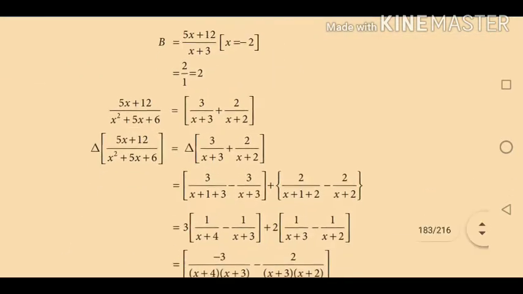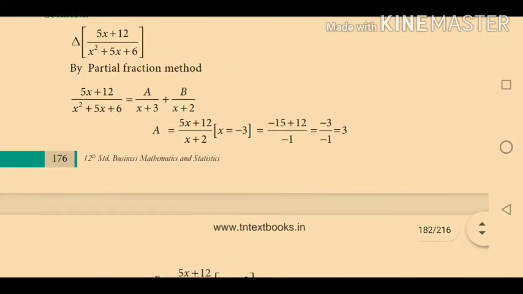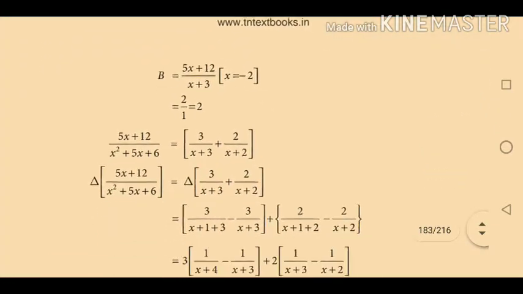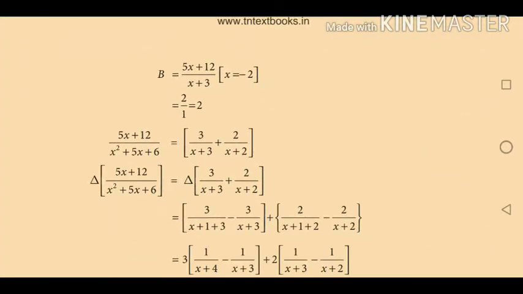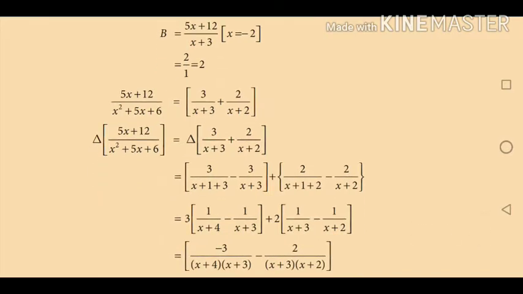Now substitute these values. They are asking to find delta of (5x plus 12) divided by (x square plus 5x plus 6) by the partial fraction method, which equals delta of 3 by x plus 3 plus 2 by x plus 2.